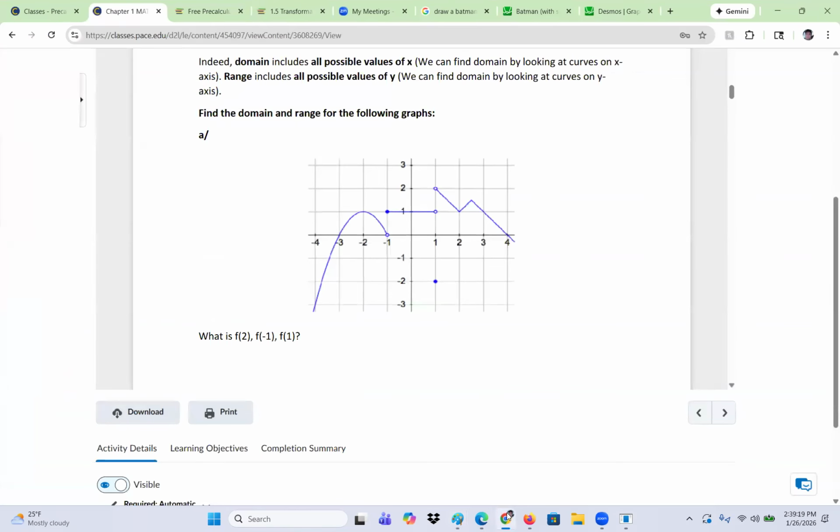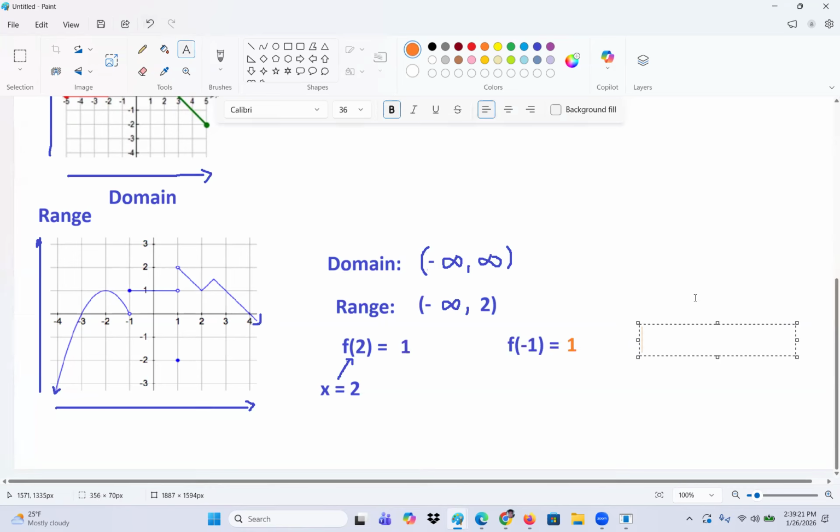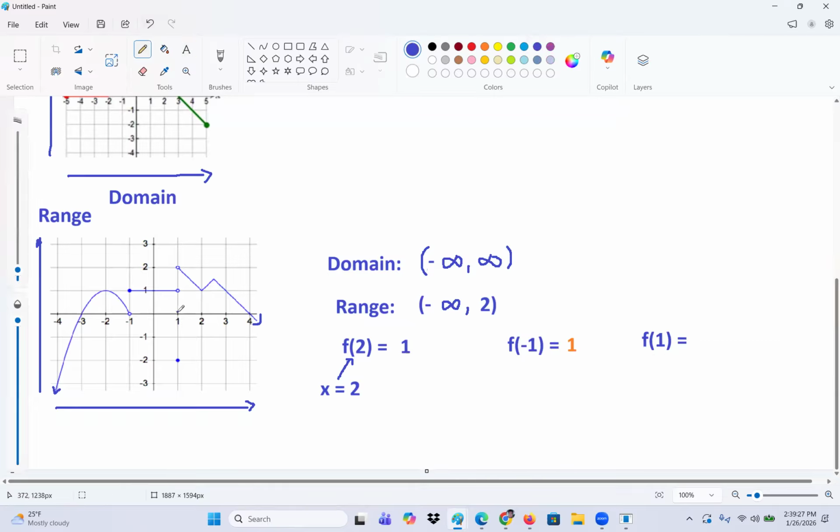And finally, we have f of 1. When x equals 1, we look at the length equal to 1. So there, this, and that. But the first 2 points do not satisfy the closed circle, so we don't count these two.